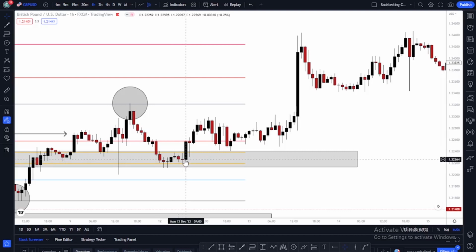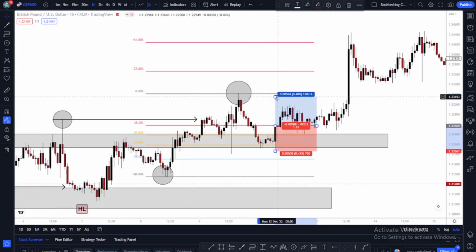After the closure of this bullish candlestick, what did I do? That's where I enter my trade. I enter my trade right here, put my stop loss below this bullish wick.